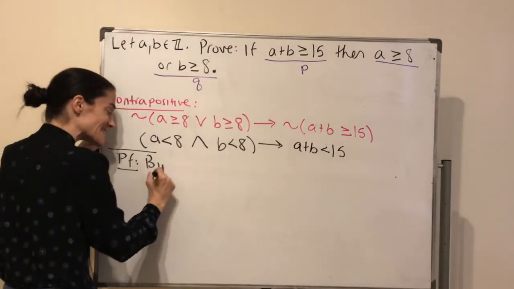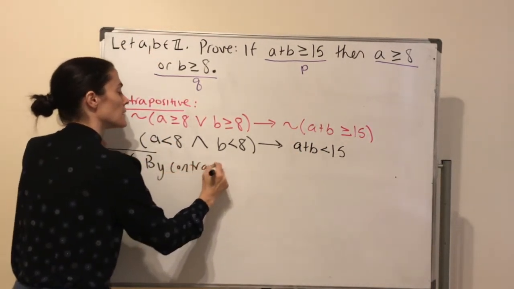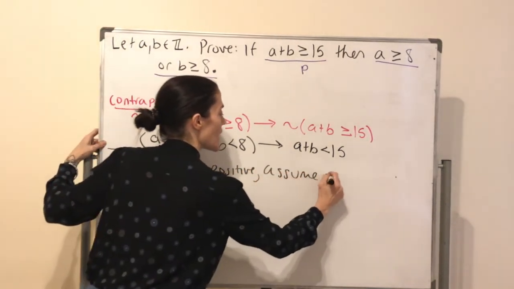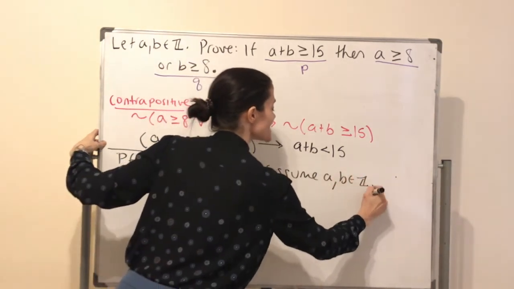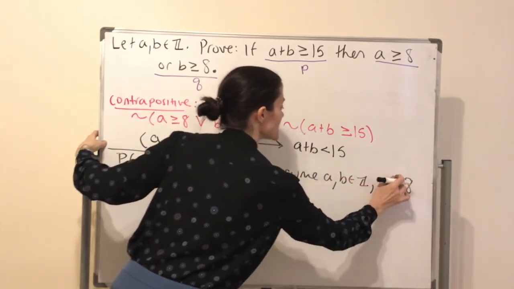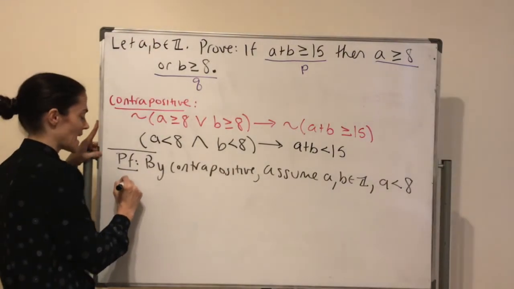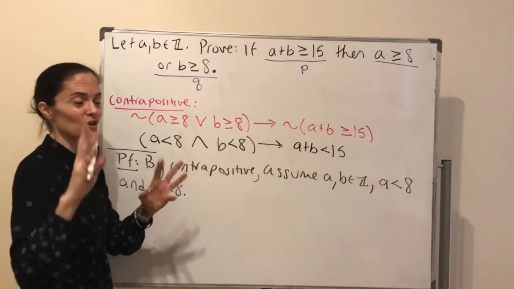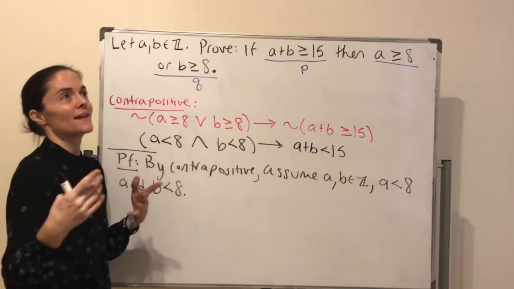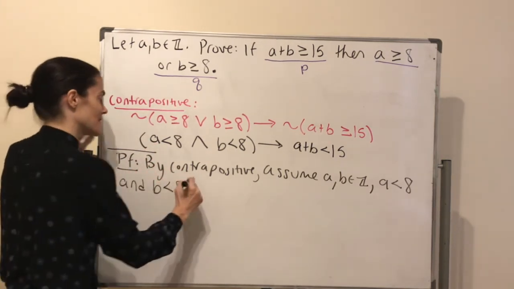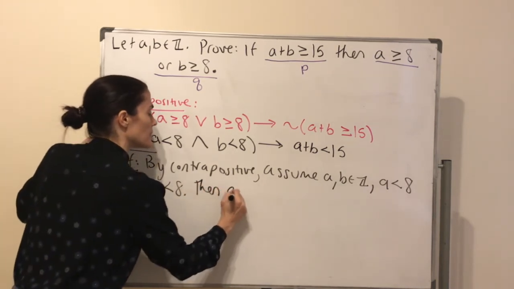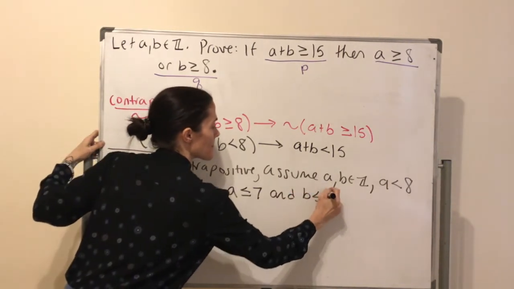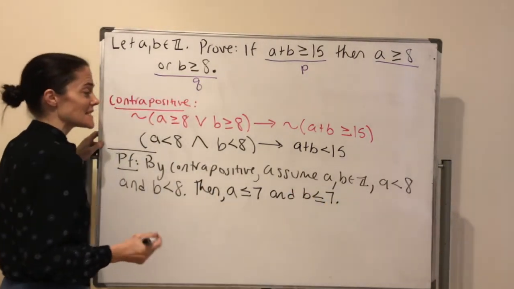And then I show that this is true. By contrapositive, we assume A, B are integers, A is less than 8, and B is less than 8. If you're an integer and you're less than 8, then you are less than or equal to 7. Now let's just add.